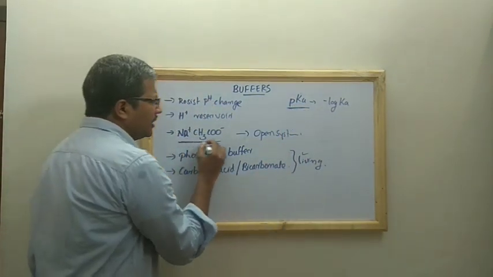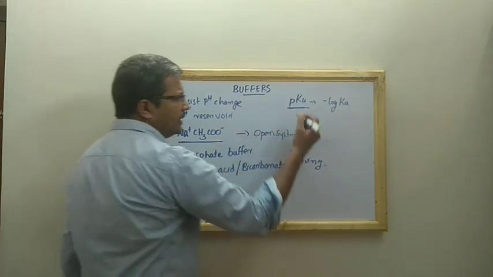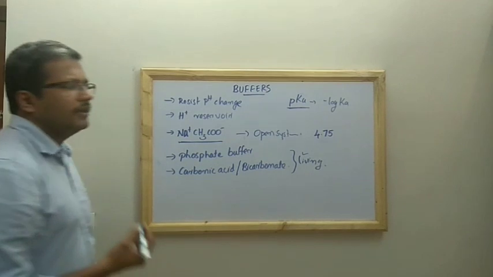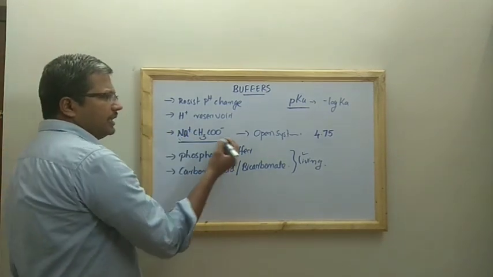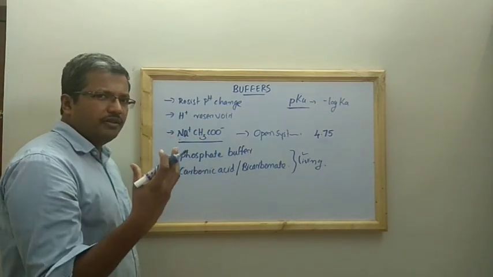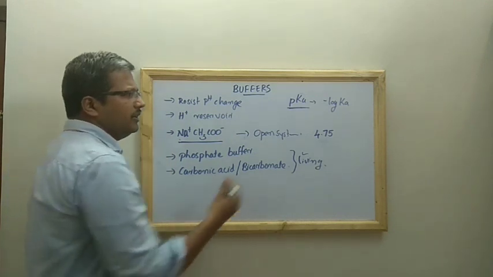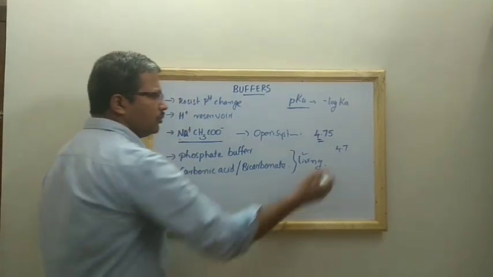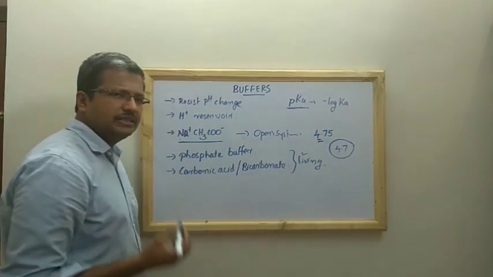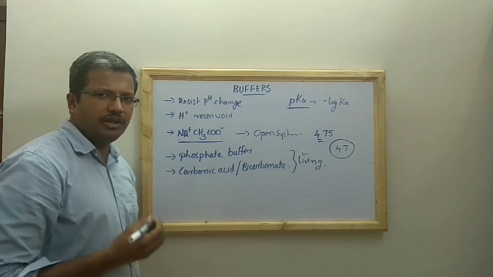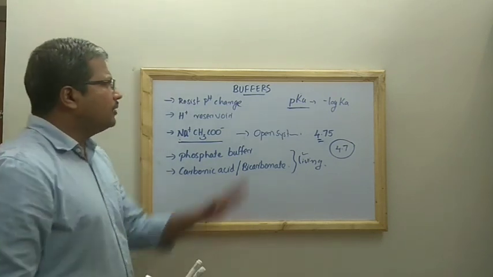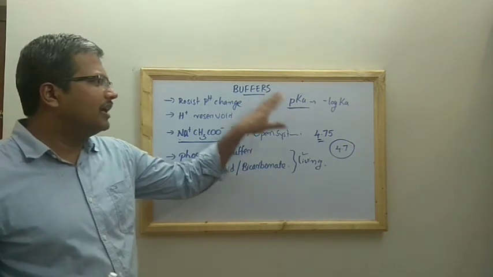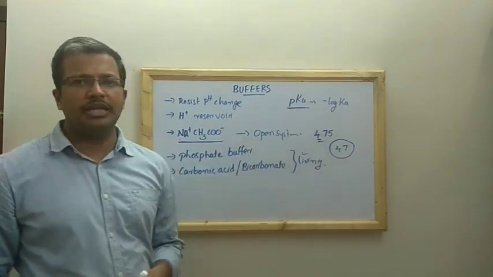If you take sodium acetate, the pKa value is around 4.75. That means sodium acetate can act as a buffer in a fully fledged manner at pH 4.7. So it will work perfectly as a buffer at pH 4.7. You have to keep in mind that a buffer plays its role maximally at a pH close to its pKa value.